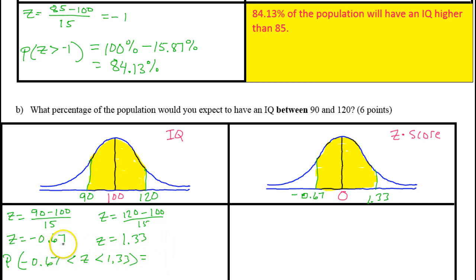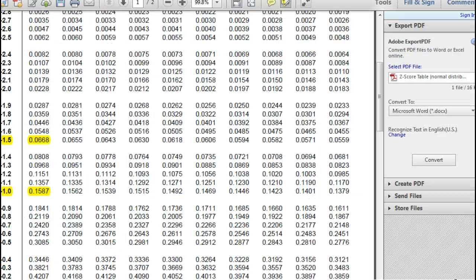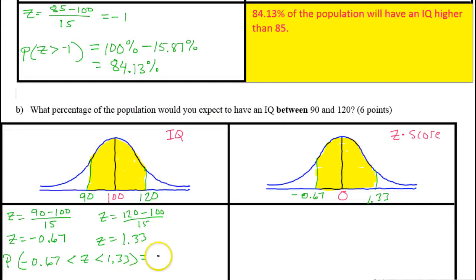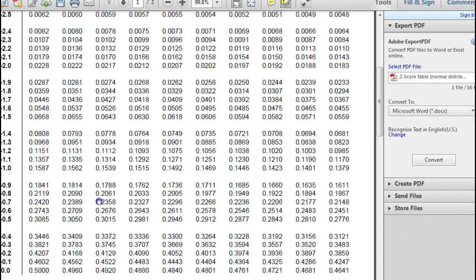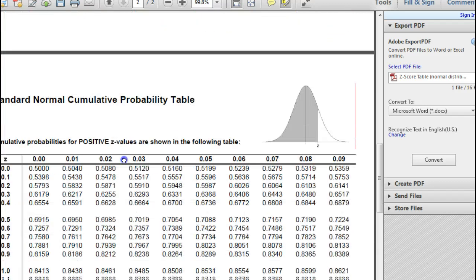So what we will do is we will find the percentage to the left of both of these from the chart, and then we will just subtract the two. Okay, we're going to have to subtract the bigger one minus the smaller one, so let's start with the 1.33 first. These are all negative, so that means I'm on the wrong side of the chart.